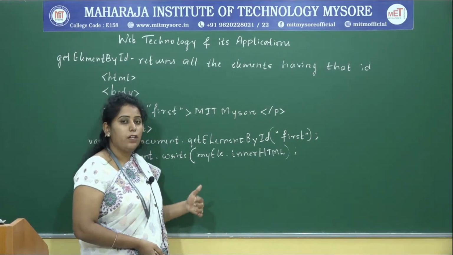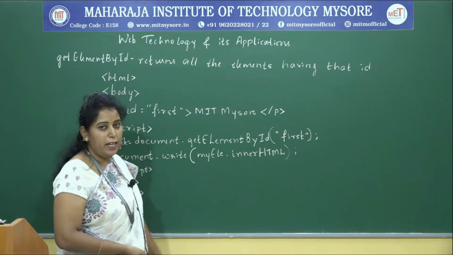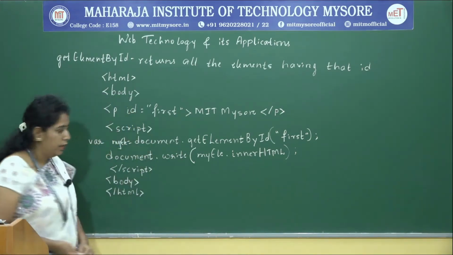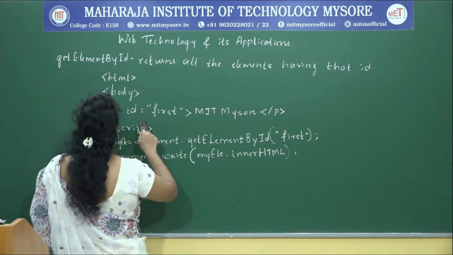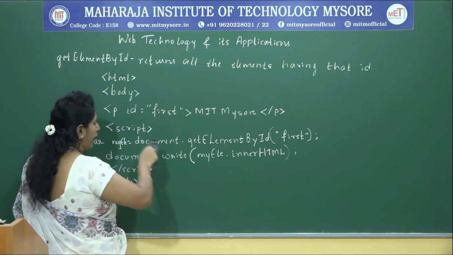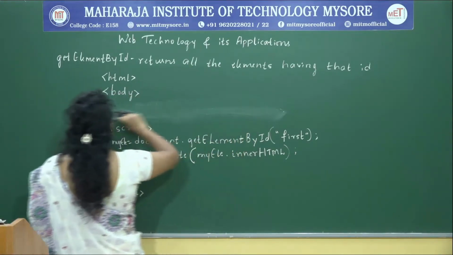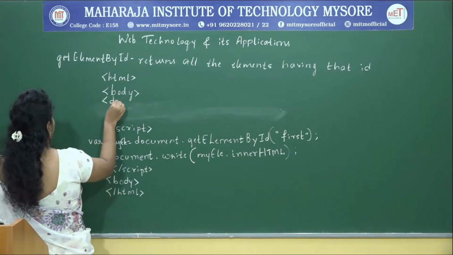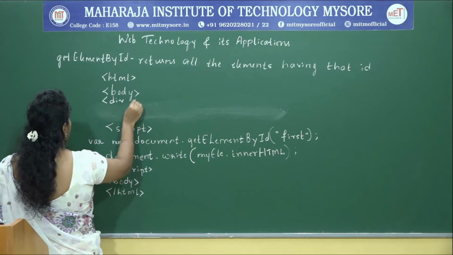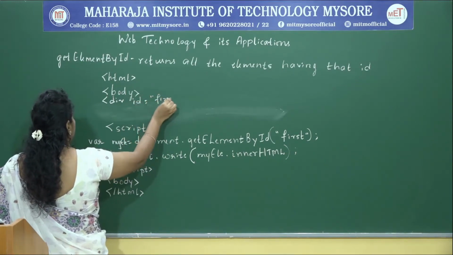So let us look into a few more programs based on getElementById. See, here I have used one paragraph, right? I am going to change this. What I will do is take a div, and the div has ID first.